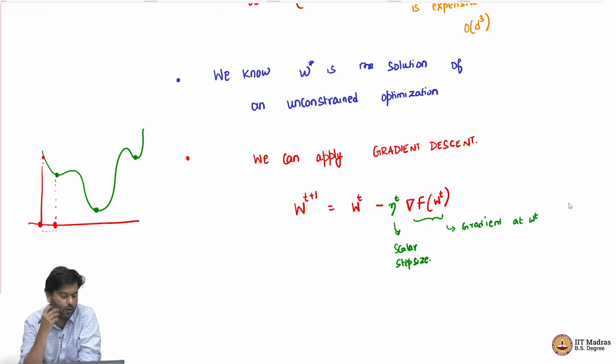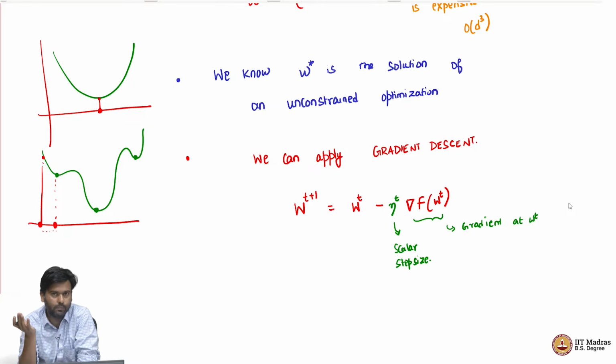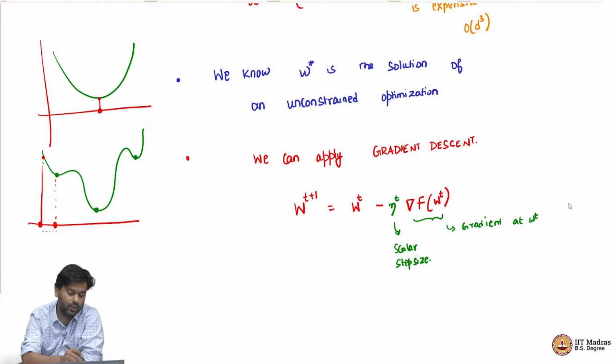However, if your function is nice, not wiggly like this, but something like this, then yes, your gradient descent algorithm, no matter where you start, will converge to the global minima, because there is only one global minima, or every local minima is also a global minima. And it turns out that the function that we care about, which is the sum of the squared errors, is in fact a function that does not have wiggles, right.